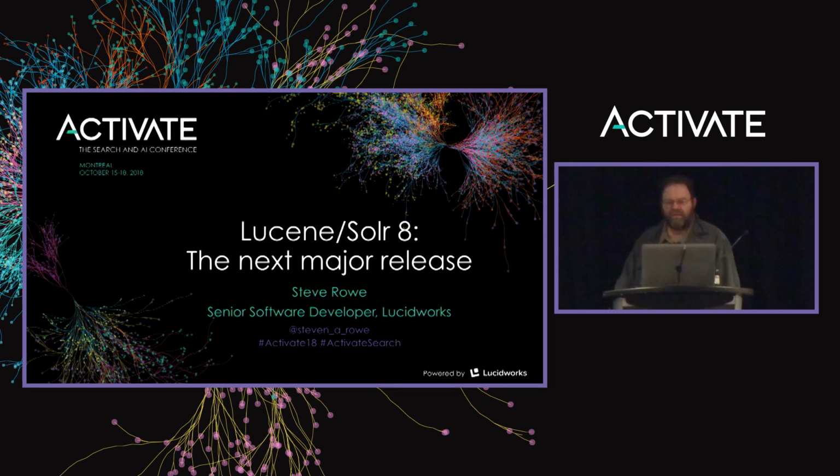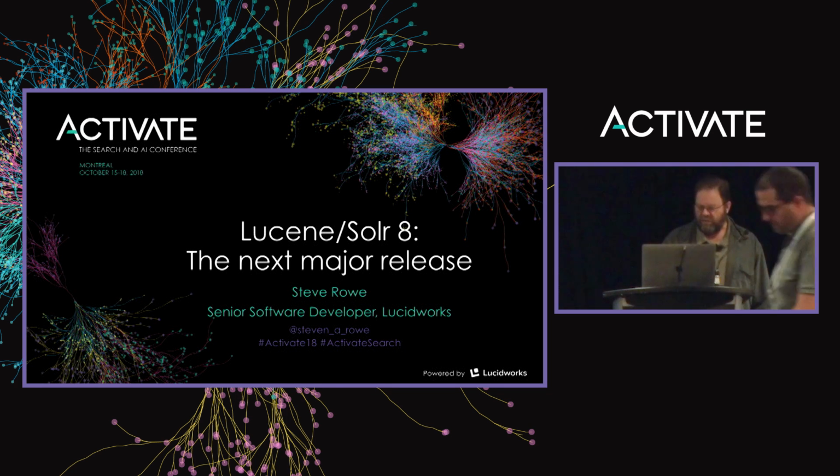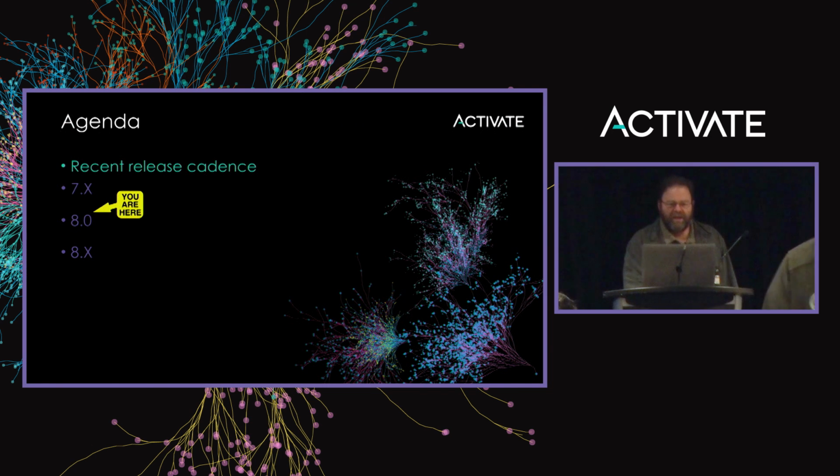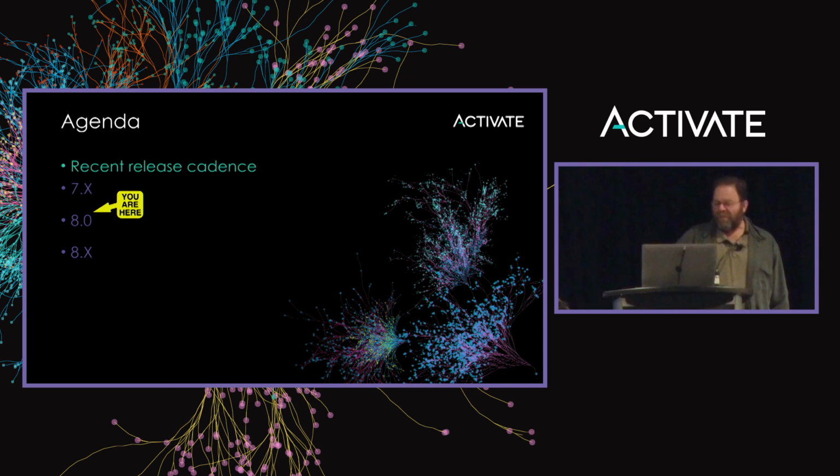I'll be describing the next major Lucene and Solr release, which will be 8.0. The agenda is fairly simple. I'm going to talk about the cadence of recent releases. And in a bit of a bait and switch, we're going to be talking most of the talk about 7.x releases, not the 8.0 release.